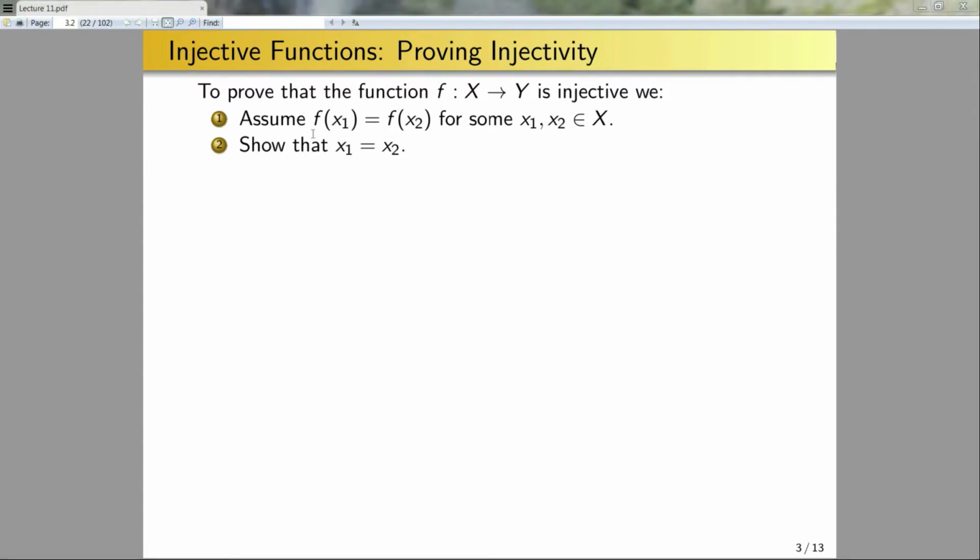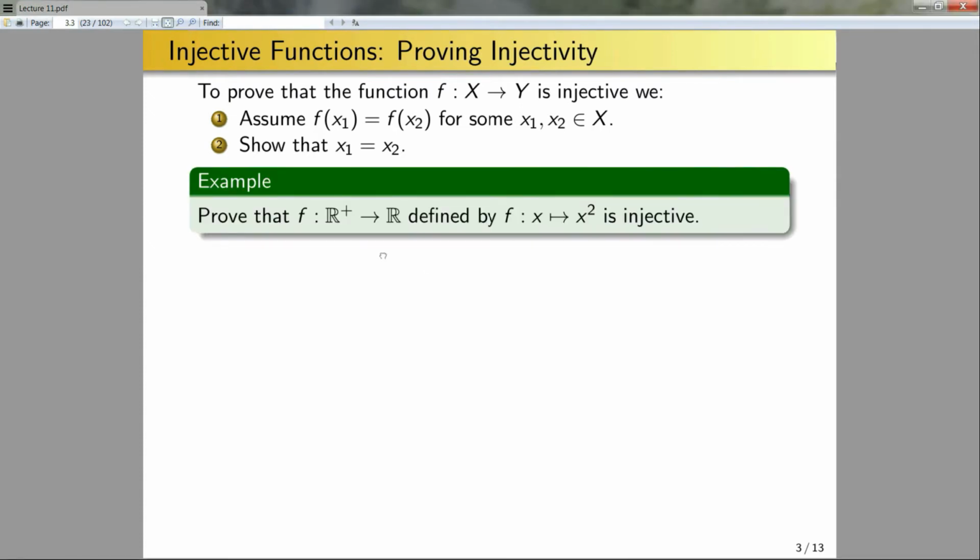In other words, if f maps something to some value y, and f maps something else to that exact same value of y, then the two things that f was mapping to the point y are the same thing.